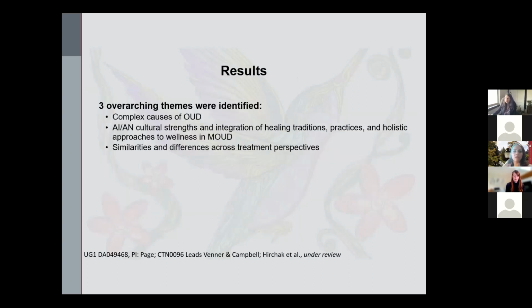So from that, we identified basically 3 overarching themes. So the first related more to the complex causes of OUD.